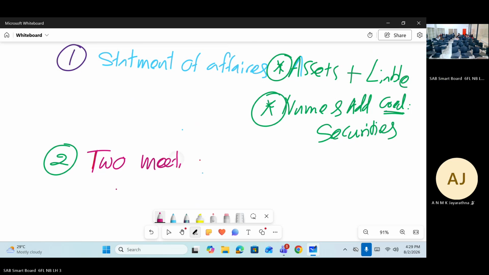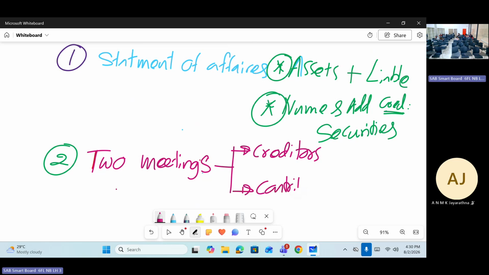Who are the contributors? Shareholders or members. If they have share capital, then shareholders are the contributors. If it is a company limited by guarantee, then members are the contributors.